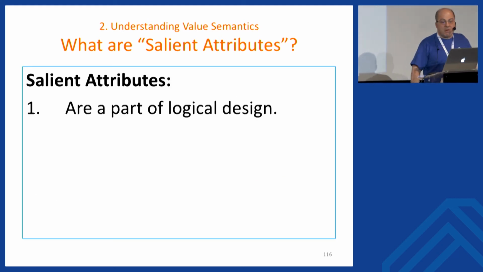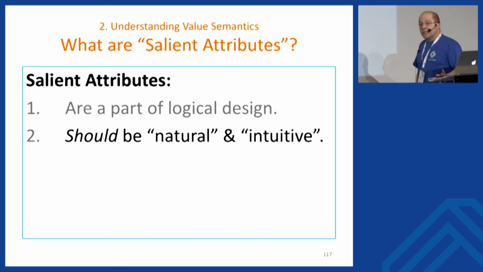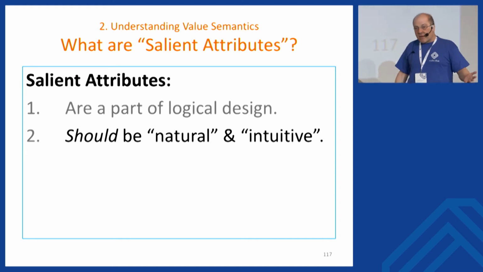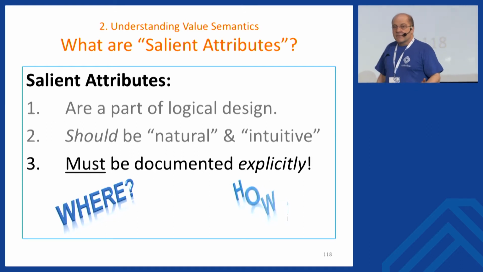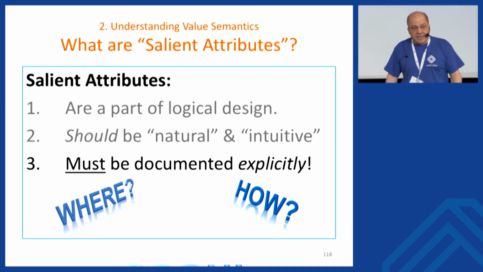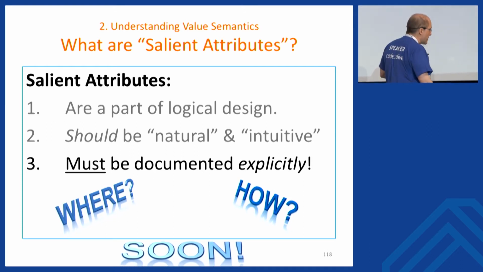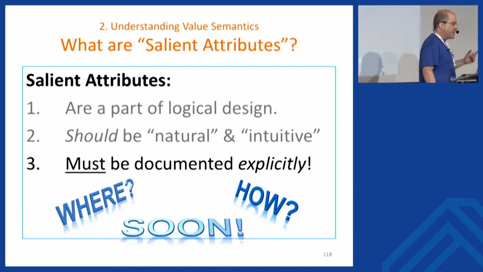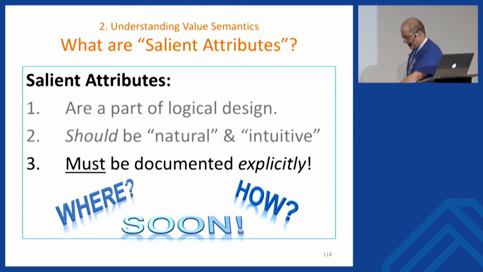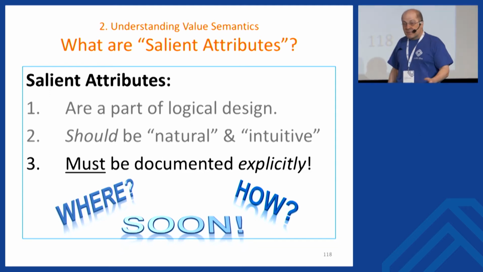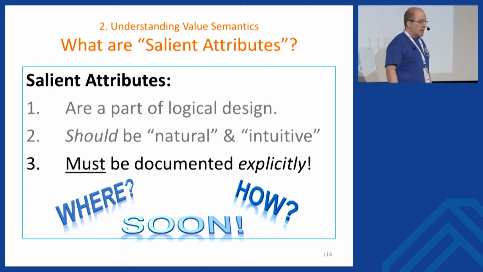Salient attributes are part of a logical design. It should be natural and intuitive, right? Shouldn't be crazy, and must be documented. You have to say what's salient. It's not something you were born with, right? Oh, I knew that std vector has these salient attributes and this one isn't salient. You might guess, but it has to be stated somewhere.